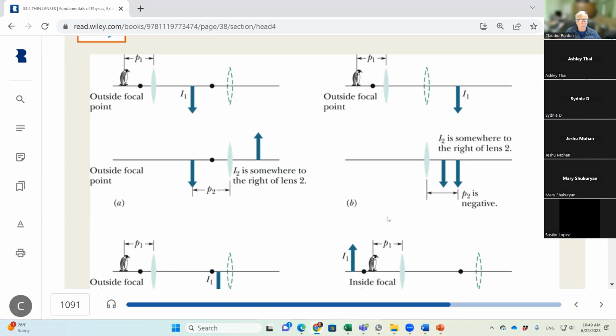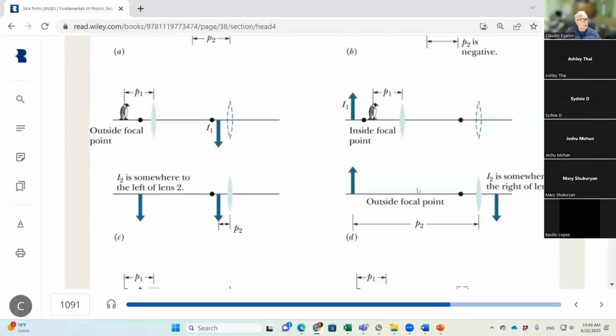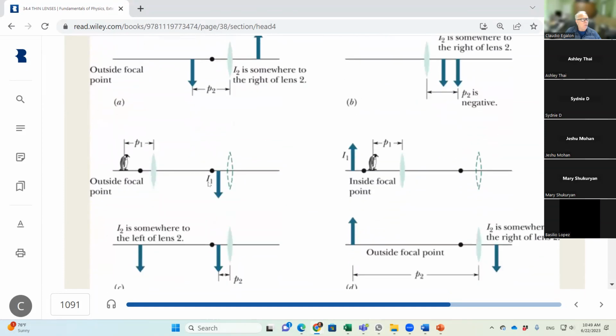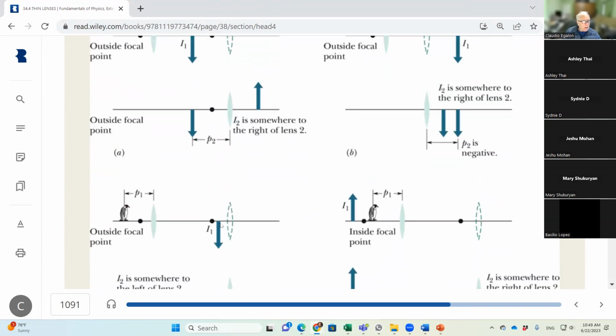You're going to see a virtual image. The object is virtual and the image is going to end up being virtual as well. That's what this item B is all about. I2 is somewhere to the right of lens 2. Okay, and C. Now the image I1 is between the focal point of the lens 2 and the lens 2.